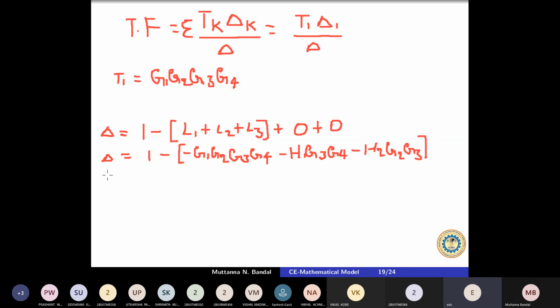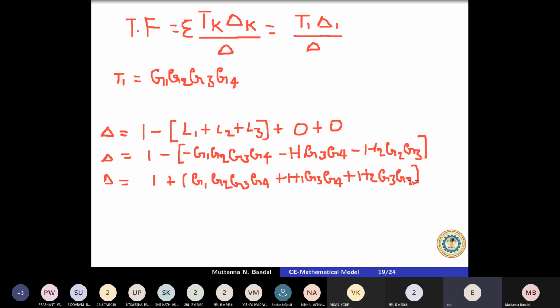Now the determinant is equal to 1, and I take all the minus signs common, so it will be positive here: G1 G2 G3 G4 plus H1 G3 G4 plus H2 G2 G3.